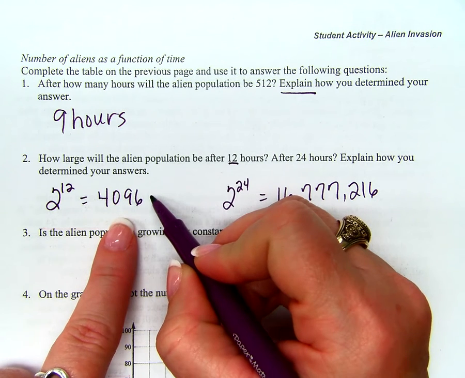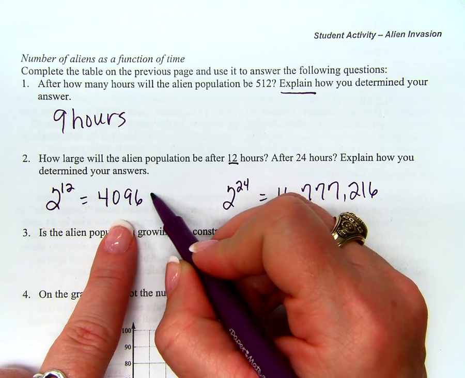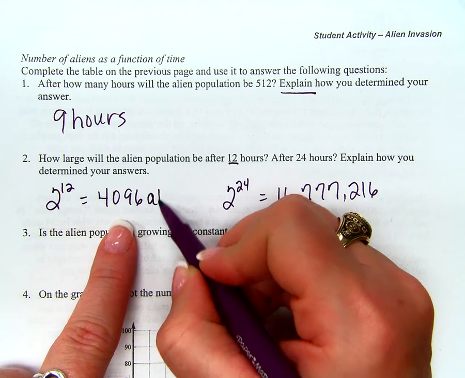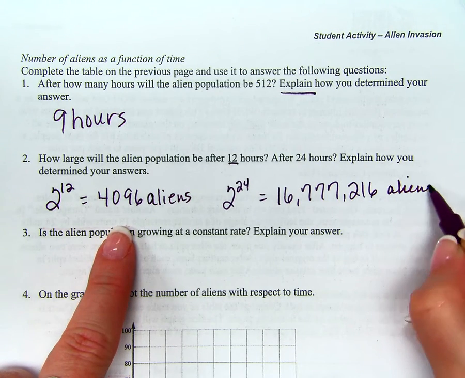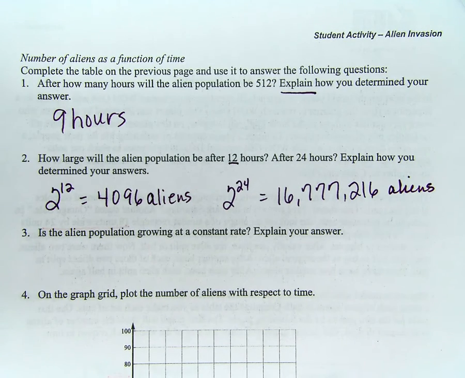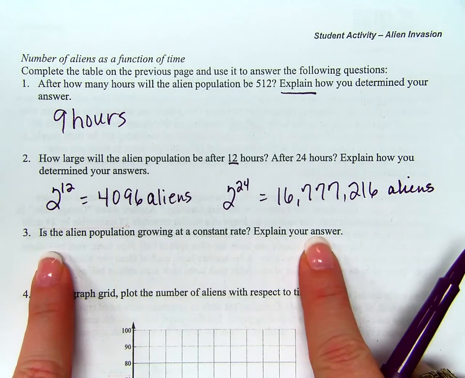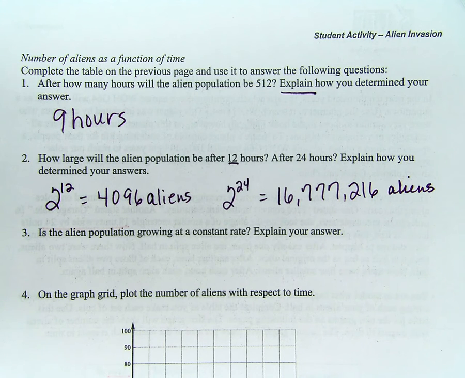There's not real answers, they're just numbers, so answer them. Aliens? And? Aliens. Oh, it does sound better if you say it like that, Doug, you're right. Aliens. Okay, is that better? Okay. All right. Is the alien population growing at a constant rate?